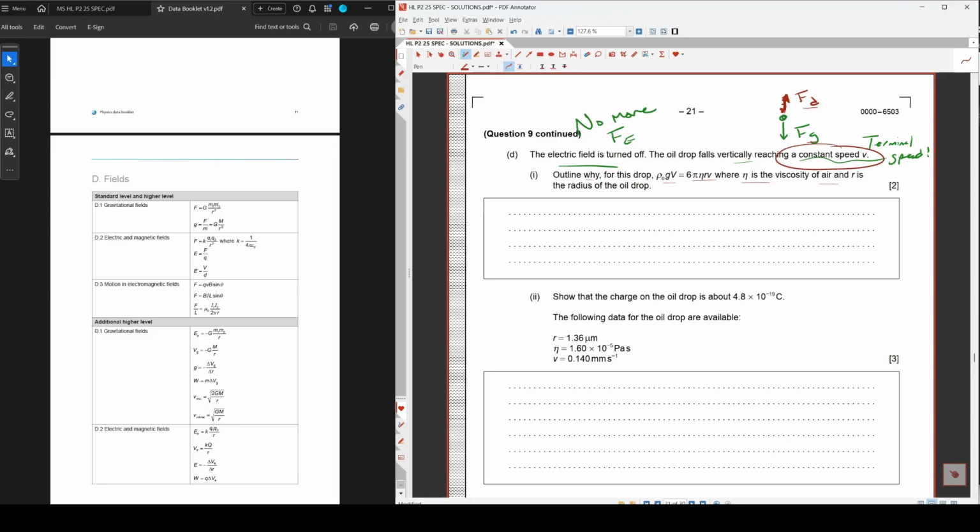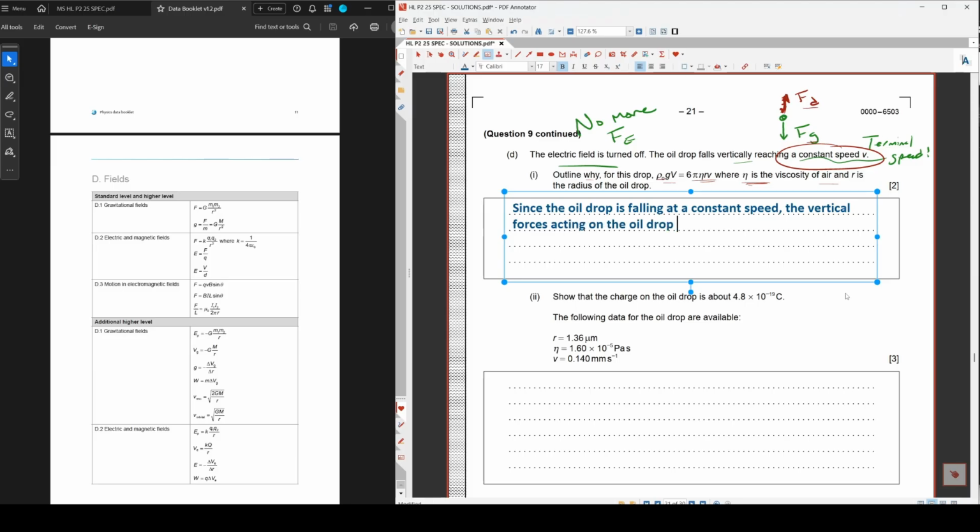Constant speed, talk about force stuff. A great thing to say here would be, I know that constant speed means zero acceleration. This is one where I think you could probably do it with a combination of writing and equations. I think we want to say, since the oil drop is falling at a constant speed, the vertical forces acting on the oil drop must be balanced.